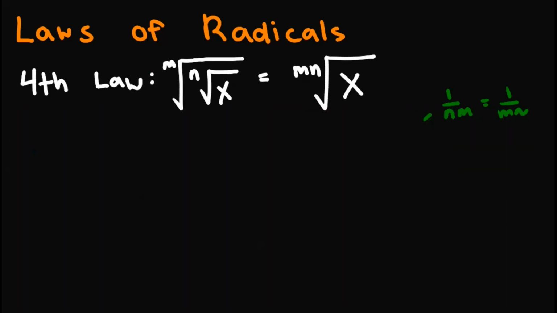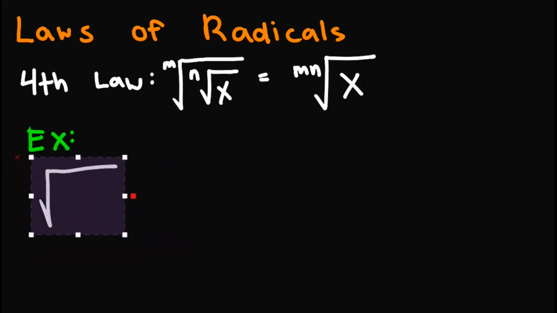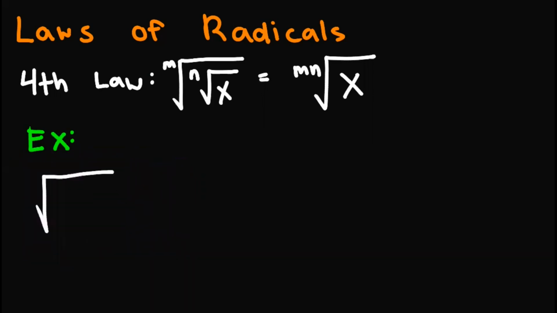And now let's deal with this example. Let's have the square root, it's right here, example. Let's have the square root of the cube root of a raised to 6 and b raised to 6.